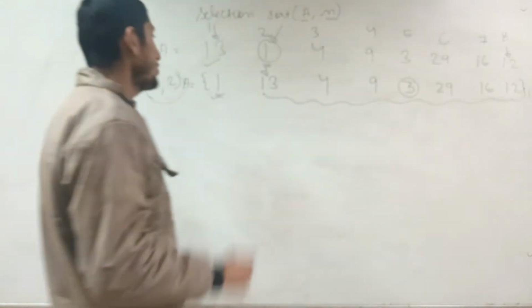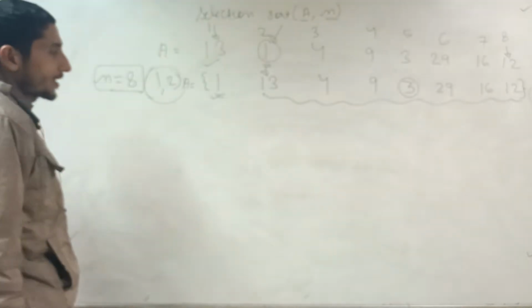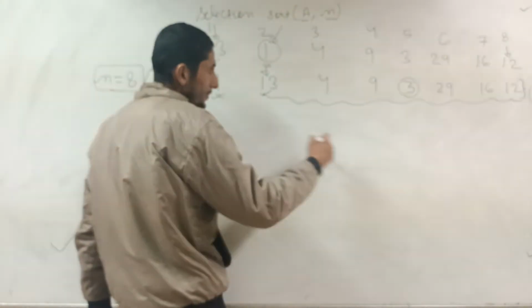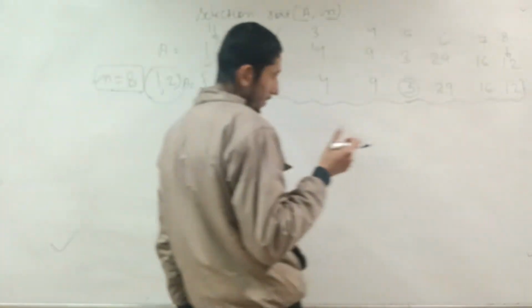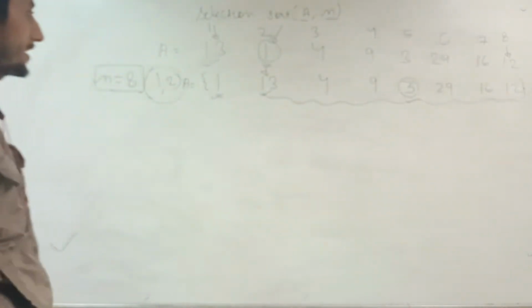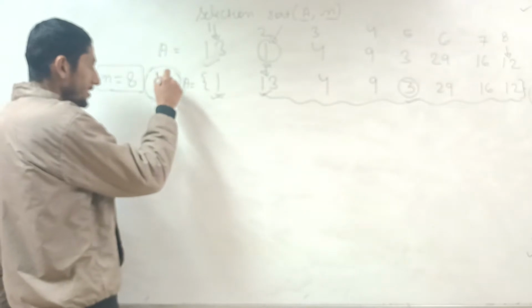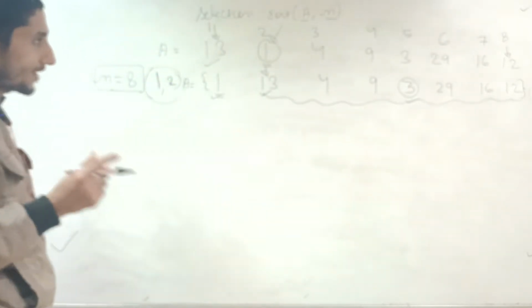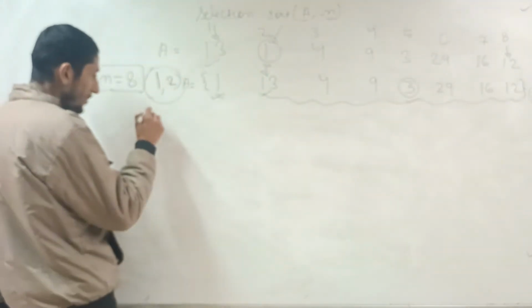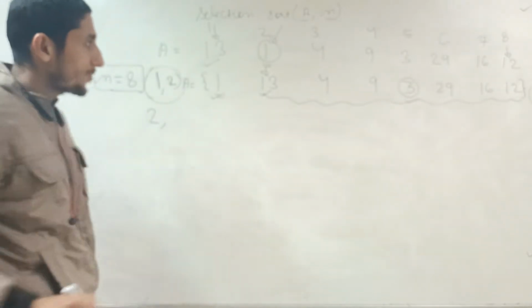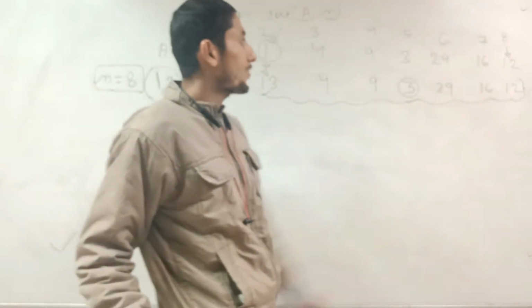I will swap element number 2 and element number 5. In the first case, we swapped element number 1 and the smallest element index. This time, I am going to swap element number 2 and the smallest element index, which is 5, I think.